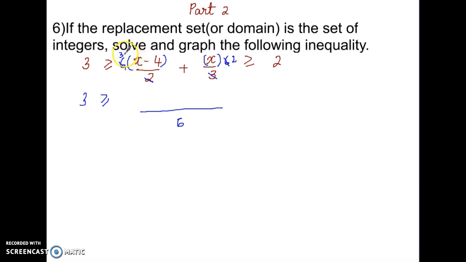So I'm going to multiply with 3 to the x and 3 to the negative 4. So when we distribute the 3 in here, we get 3 times x is 3x, 3 times negative 4 is negative 12, plus 2 times x will be 2x, greater than or equal to 2. So that's what I did.